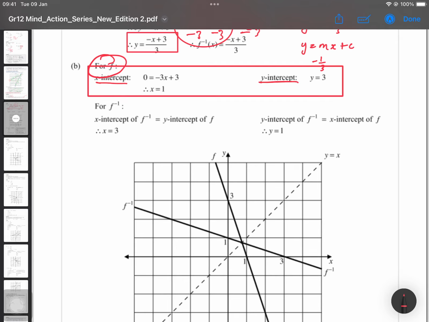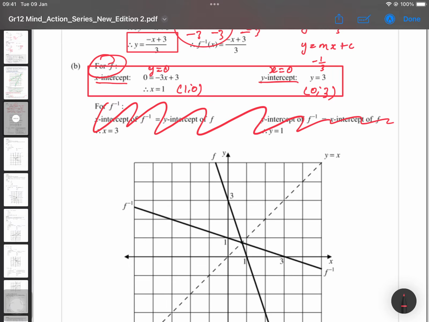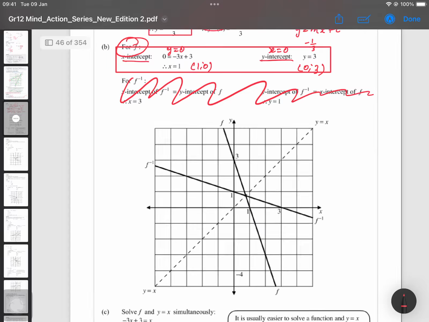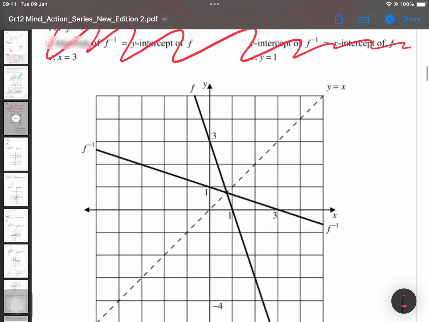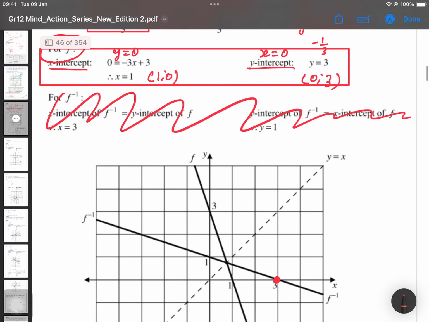Now let's write them as coordinates. Here's when y is equal to 0: this is 1 is to 0. Here's when x is equal to 0: that means 0 is to 3. Let's sketch that for the original. 0 is to 3 will be here, and then that's sorted.